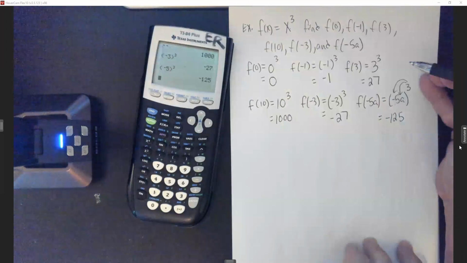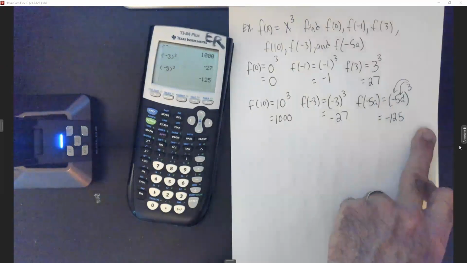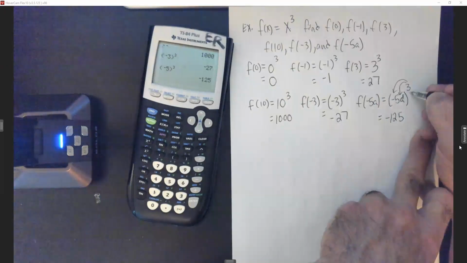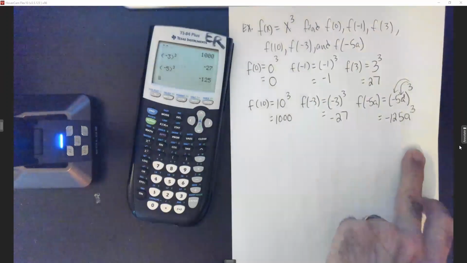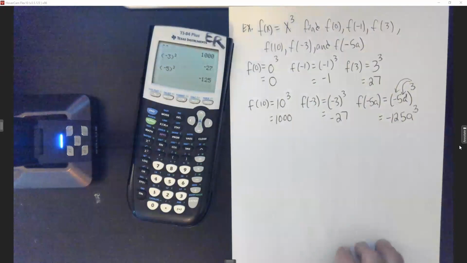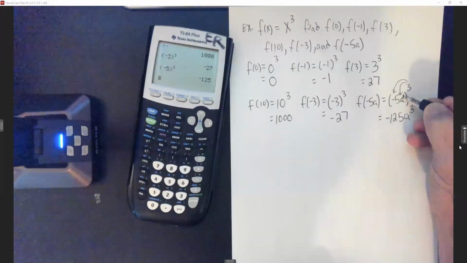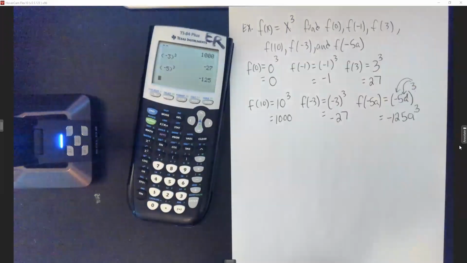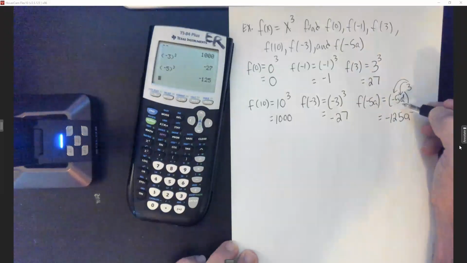You have to treat the a like it has an exponent of 1. When you have variables raised to exponents like this, you multiply those exponents. So 1 times 3 would be 3, so that's going to give me a to the 3rd. So remember, when you have a variable inside parentheses raised to an exponent like that, you treat the variable like it has a 1 for its exponent and then multiply. We basically were doing that with the 5, but all we had to do was cube that -5 either way you went, okay?